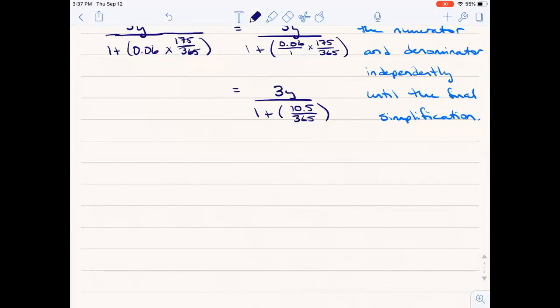So we've still got those brackets. They can actually disappear. They're not separating anything from a multiple, they're not doing anything, and so we can kind of ignore them. And then we look at, okay, well, we have addition, but we also have division. So we have to deal with that division before we can get into adding it to 1. And so 10.5 divided by 365.